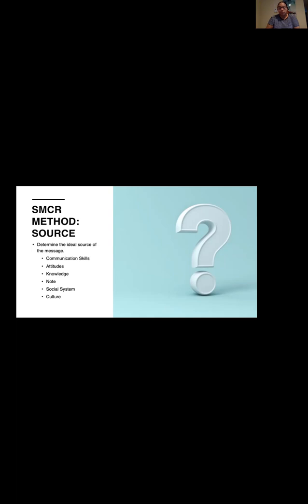So you need to make sure the other person you're communicating with has the ability to read, write, speak, or listen. If they're not able to do one of those, then you need to find a way of communicating that matches it, or a way for them to understand.